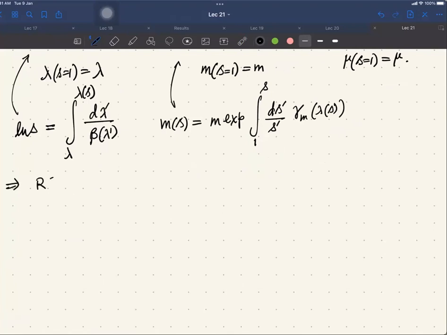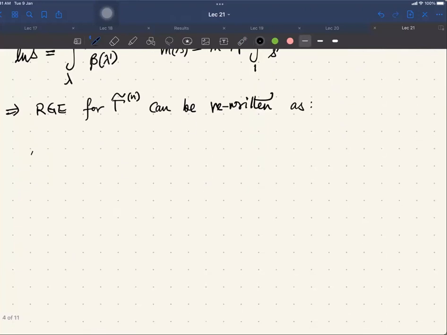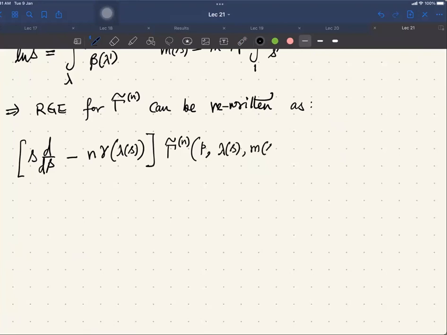Then the RG equation for gamma tilde n can be rewritten as all these partial derivatives with respect to lambda, m and partial derivative with respect to mu, they are coming from mu d d mu, which gets converted into s dds, minus n times gamma of lambda s, acting on gamma tilde n of p comma lambda s, ms, mu s equal to 0.